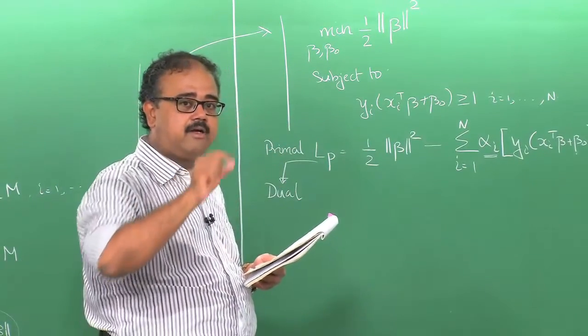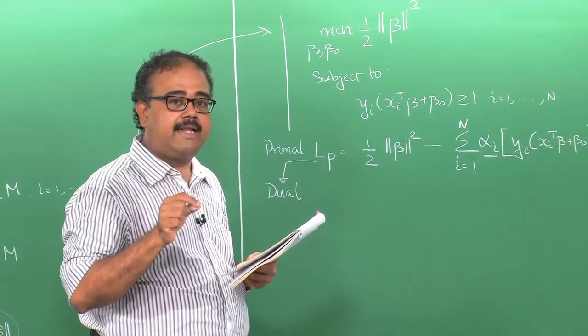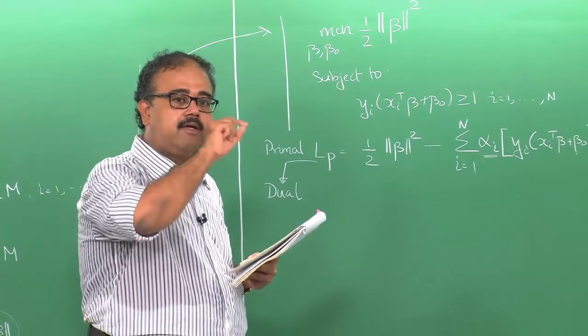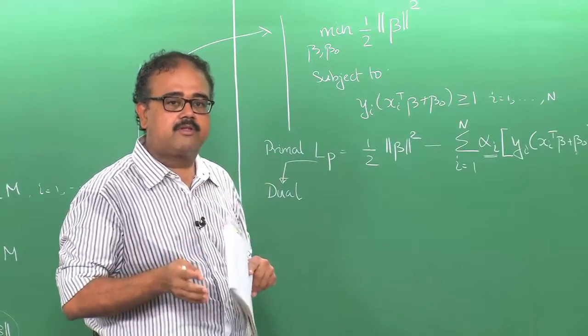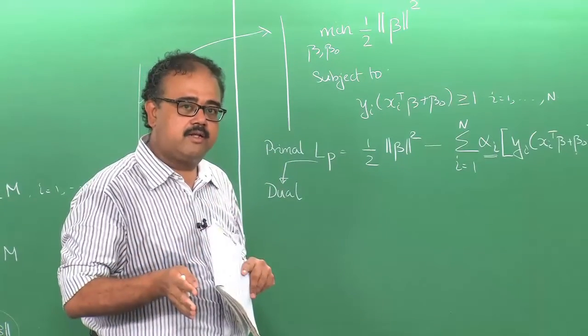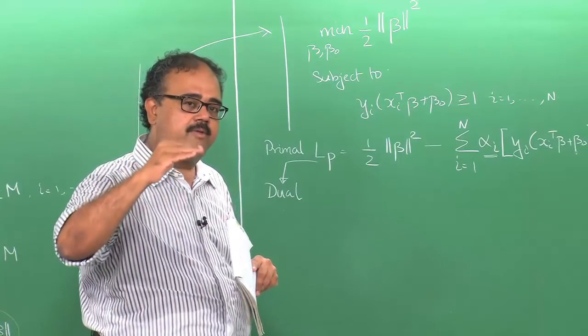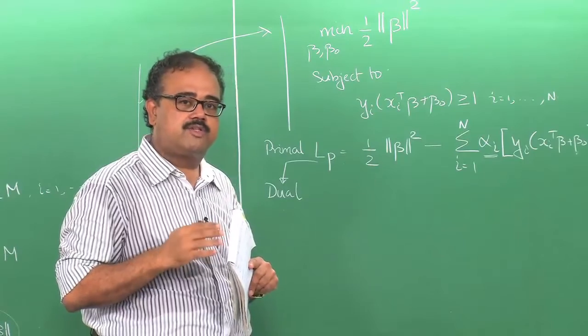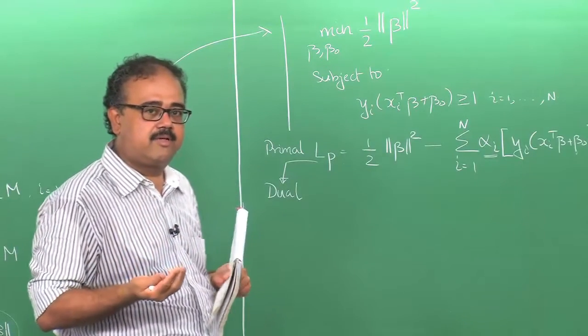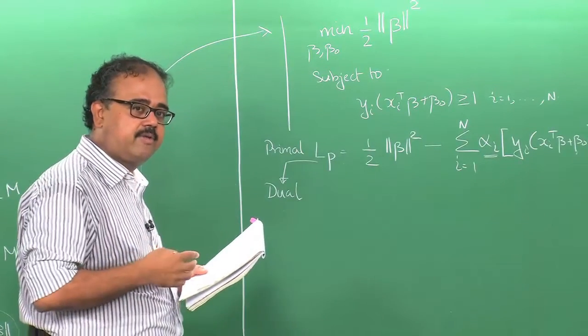And at the optima of the dual, you would ideally like the optima of the primal also to be achieved. So, you are going to create a problem called the dual, you are going to solve the dual, and when you reach the optima of the dual, you would like the optima of the primal to be also achieved. The same solution that gives you the optima in the dual problem should give you the optima in the primal problem, right.